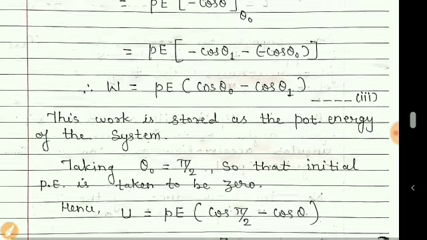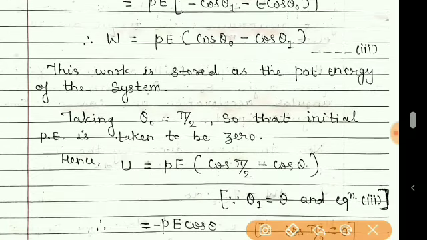Now we consider this theta naught, the initial angle, to be pi by 2. Why are we taking this as pi by 2? Because we have to consider that the initial potential energy of the dipole is 0, and after rotation, when the angle becomes theta 1, we get the exact value of potential energy.